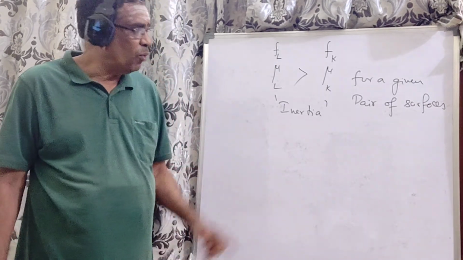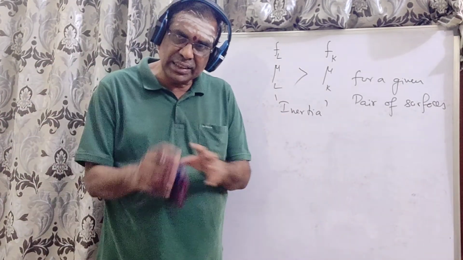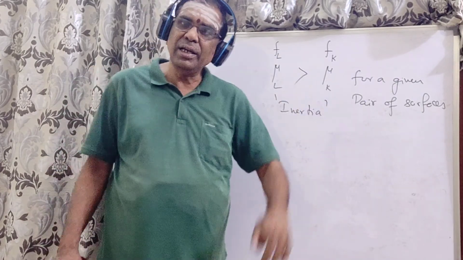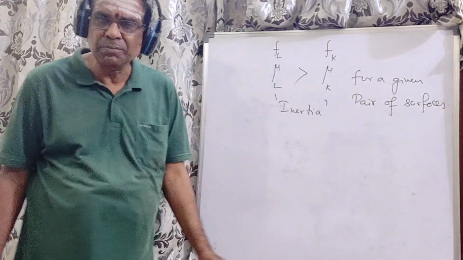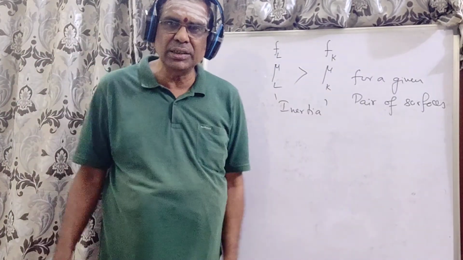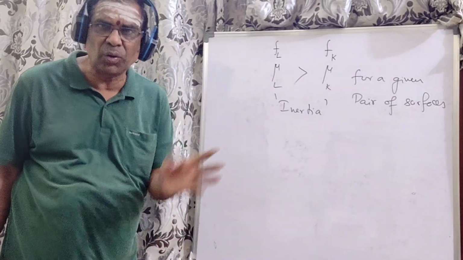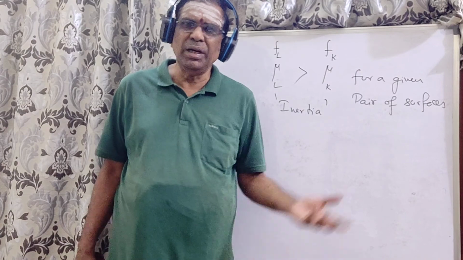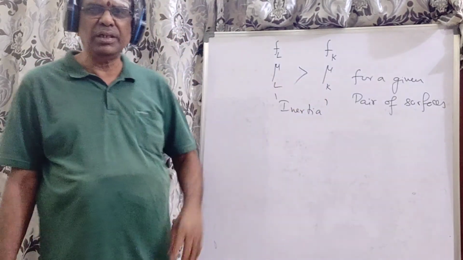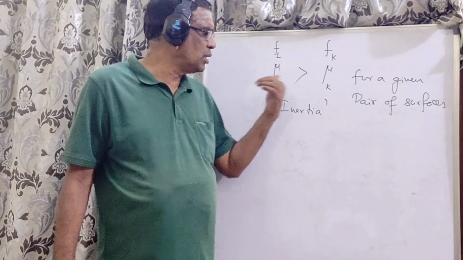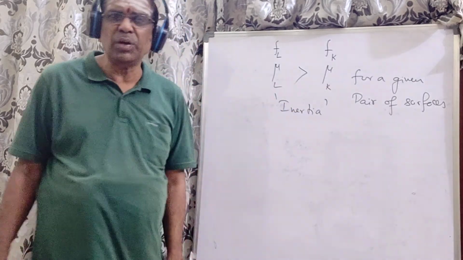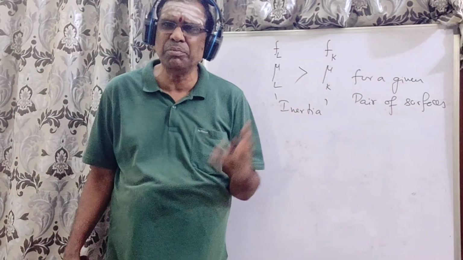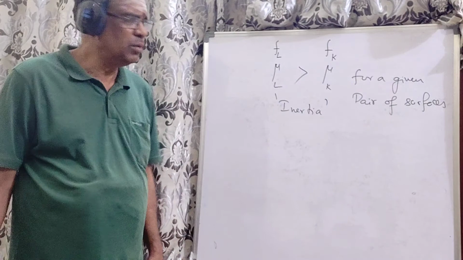Therefore, whenever a body is in motion for the same pair, mu k is in general less. Don't think that if mu k is 0.1, mu L will be 3 or 4. No. The differences are, of course, extremely small. Maybe if it is 0.9, this may be 1. Or this may be 0.6, this may be 0.65, something of that sort. All depends. Okay?